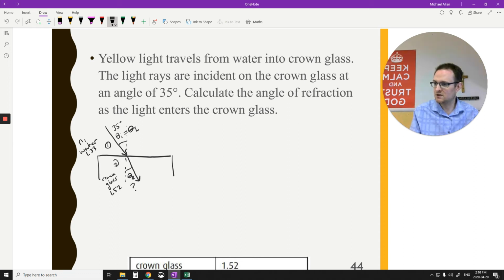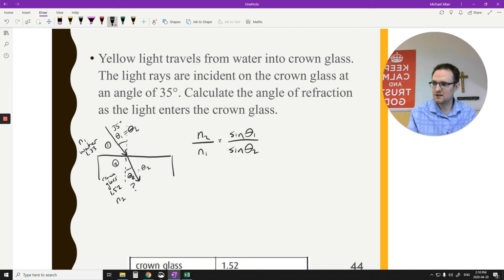If I say the bottom is 2, then this n value is n2, and the angle that I'm looking for is angle 2. If I just want to use i's and r's, I can, but I decided to change into ones and twos. So I'm going to go n2 over n1 is equal to sine theta 1 over sine theta 2.